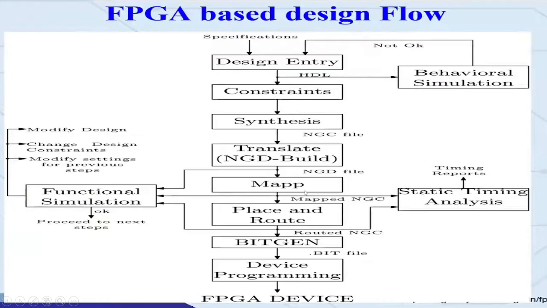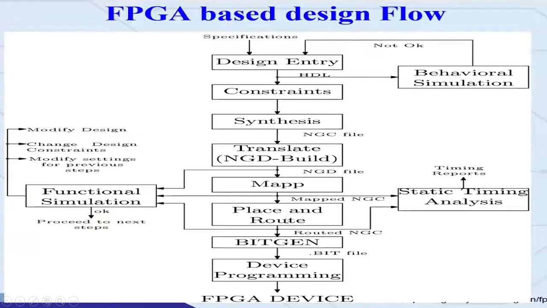Mapping means which FPGA board you are using, so you need to map to that technology. Then functional simulation and static timing analysis will come. Static timing analysis means you will study setup time, hold time, propagation delay, clock tree jitter, all those delay related elements.